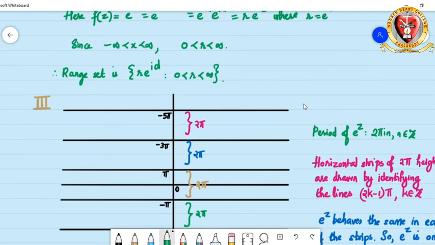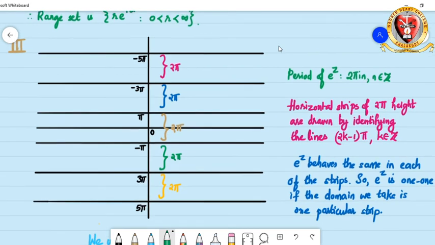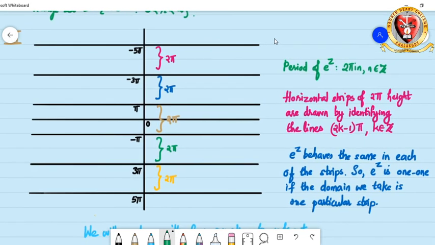And in the third part, we are telling about the period of e raised to z, which we had already dealt with. We said that it is nothing but 2 pi in, where n is varying over the integers, and we had seen such an illustration before.